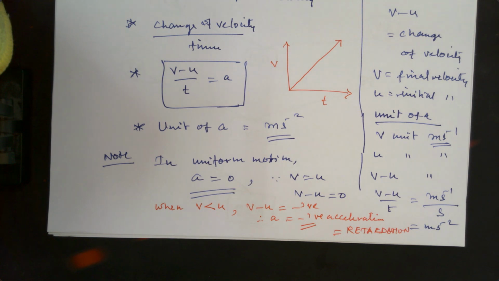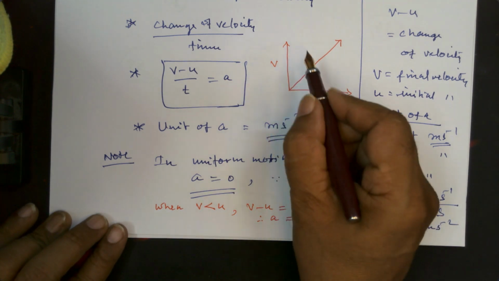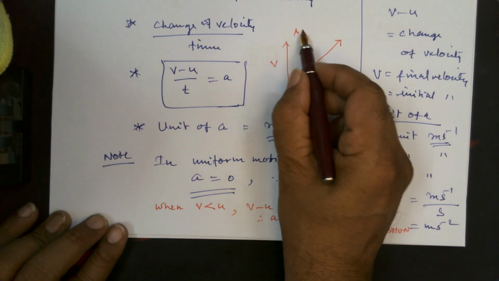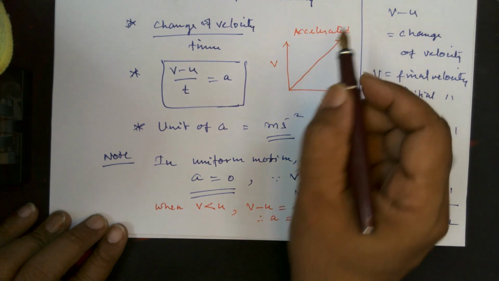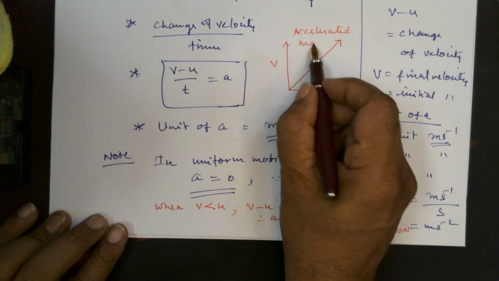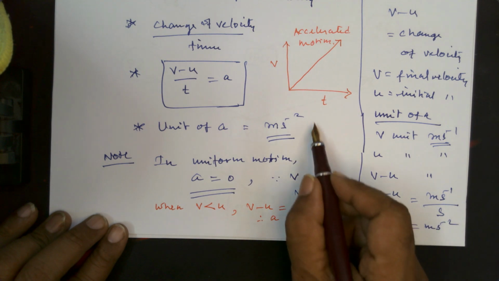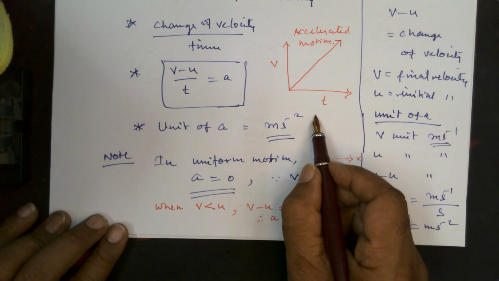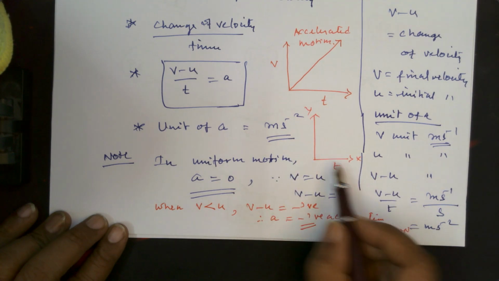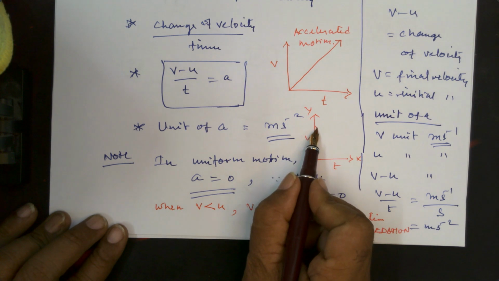And the retarded motion can be represented by this graph. So this is accelerated motion. Now, a retardation can be represented by this, x-axis and y-axis, time, velocity. Now it comes down like this.